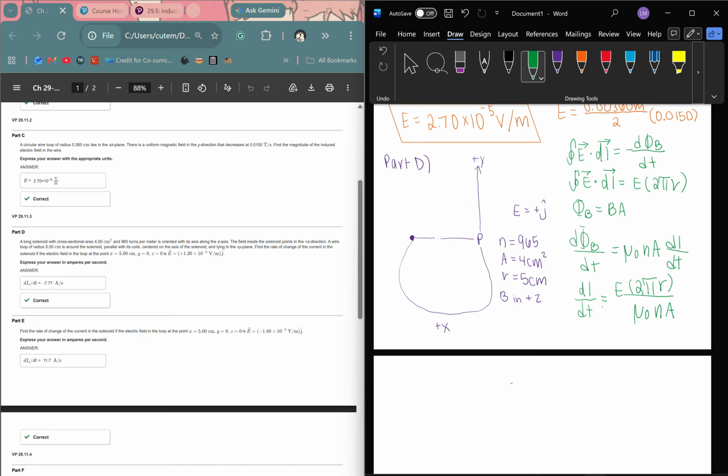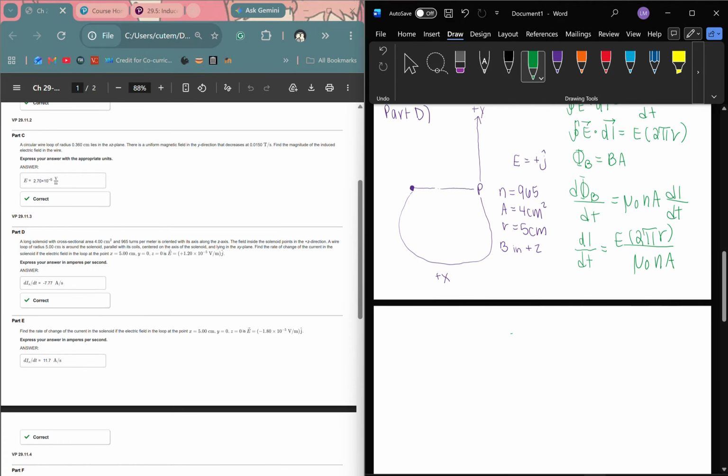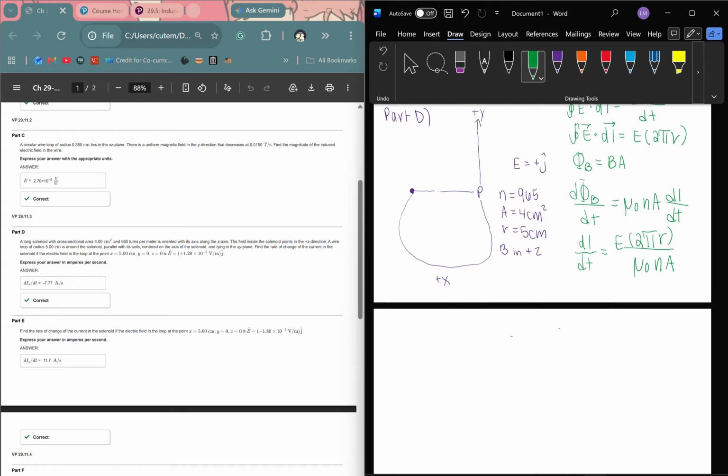I substitute everything out, and this is the equation I was left with. Now I'm going to plug everything together. I'm going to convert the 4 centimeters squared to square meters.